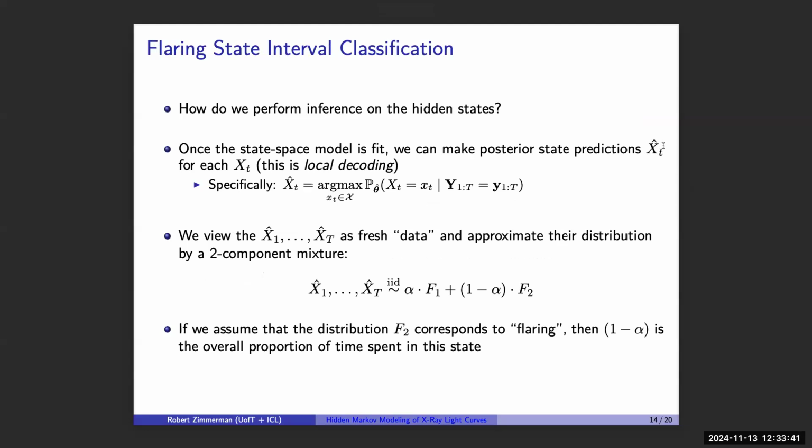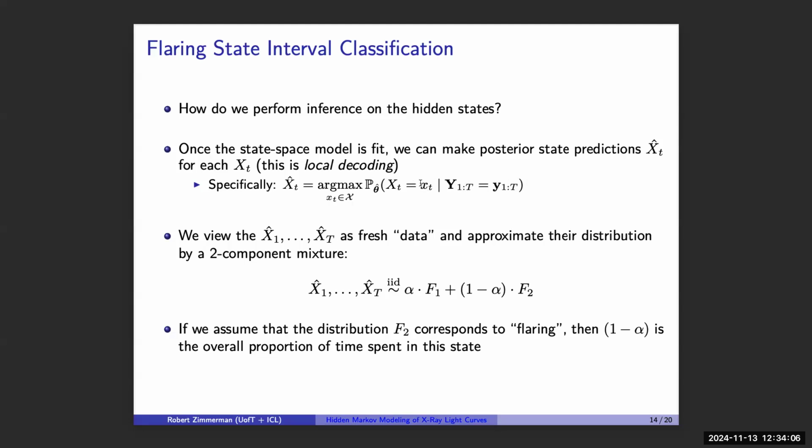Now the question is, how do we perform inference on those hidden states? What we can do is local decoding, which is essentially the posterior state predictions for each state given the observed data. In other words, we can calculate the probability of being in any particular state, say xt, given the observed data, and there's an algorithm for computing this for discrete space HMMs.